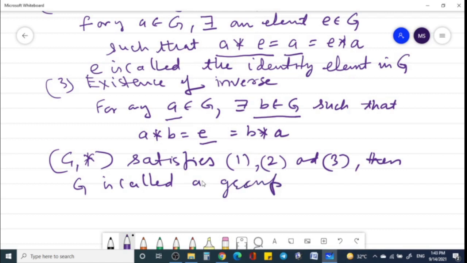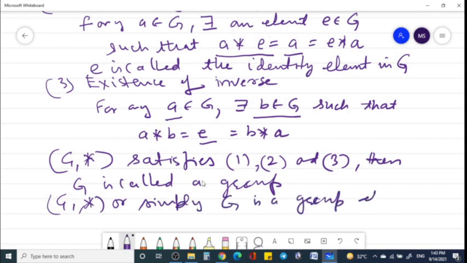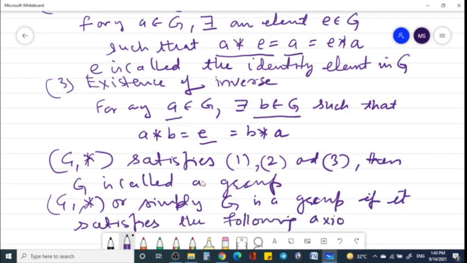Sometimes we include closure property in the definition of a group. So sometimes we say that (G, star), or simply G, is a group if it satisfies the following axioms.